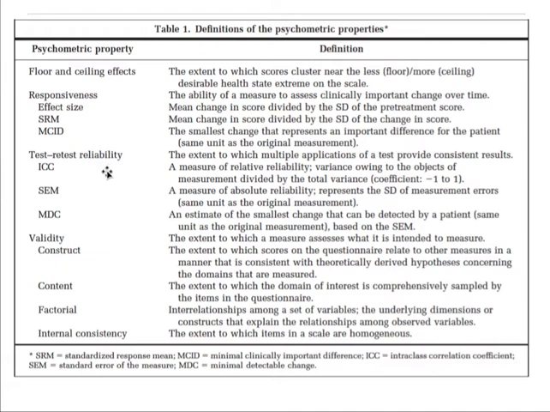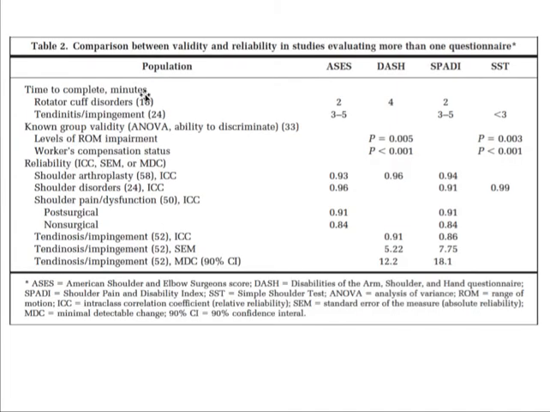But many of these we've covered and you can use to select the questionnaire. So in the results, they tallied all the articles that have been done on the different studies, and we can see them here. The American Shoulder and Elbow Surgeons Scale, the DASH, the SPADI, and the SST.